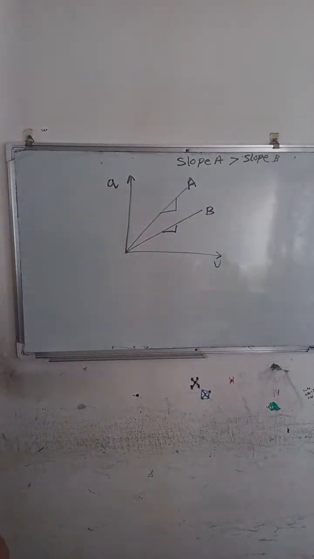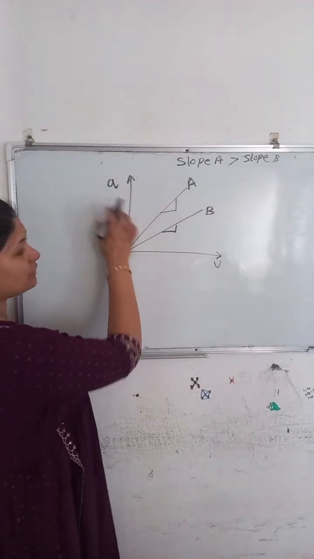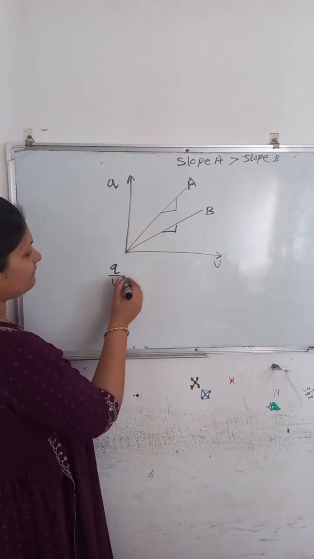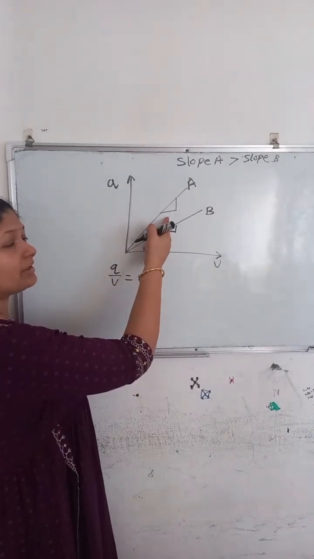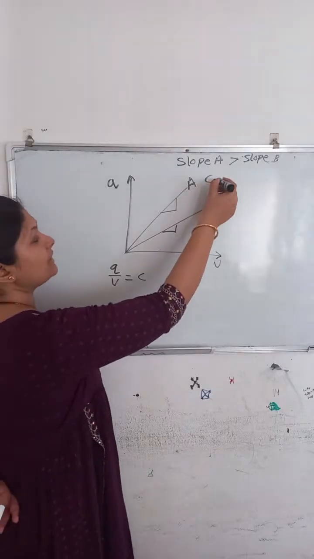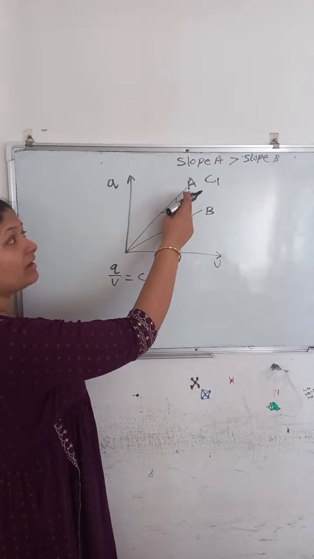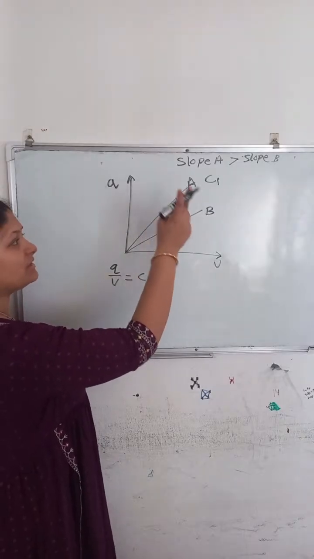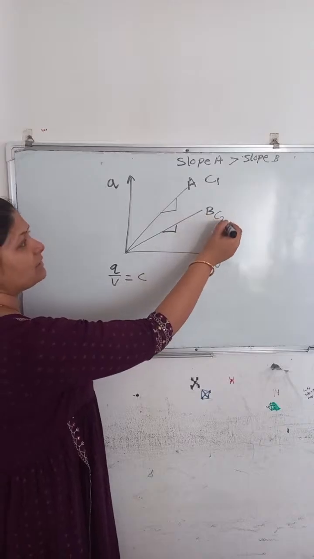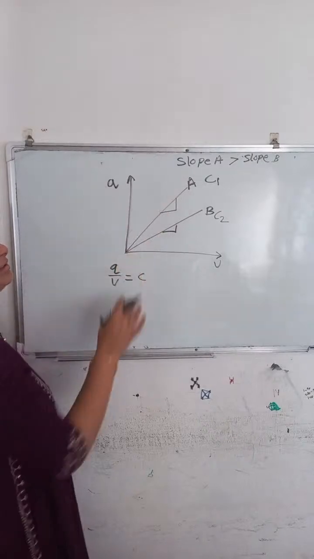This is a graph of Q versus V. We know that Q by V is nothing but C. So whose slope is greater, their capacitance is also greater. So this is capacitance C1 because it has a greater slope, and this I am taking as C2, whose capacitance is smaller than C1.